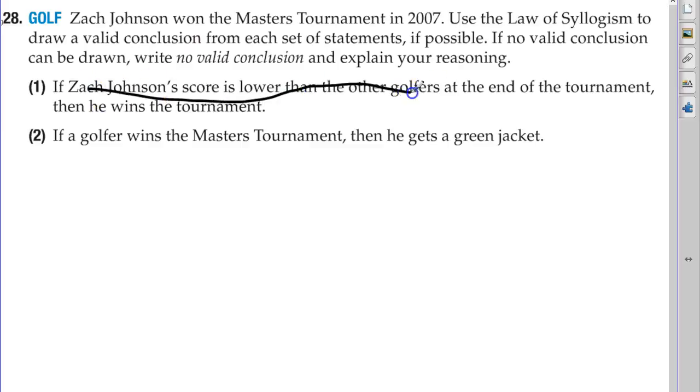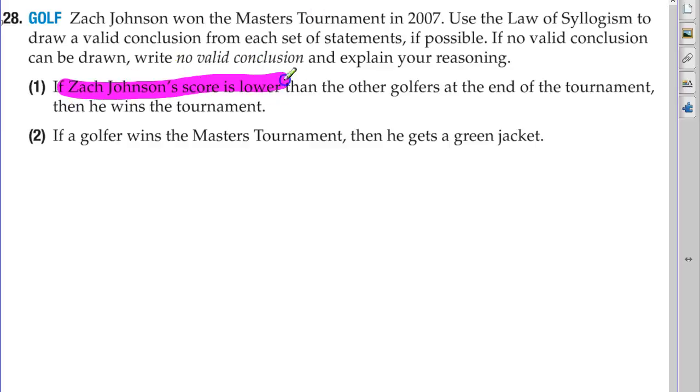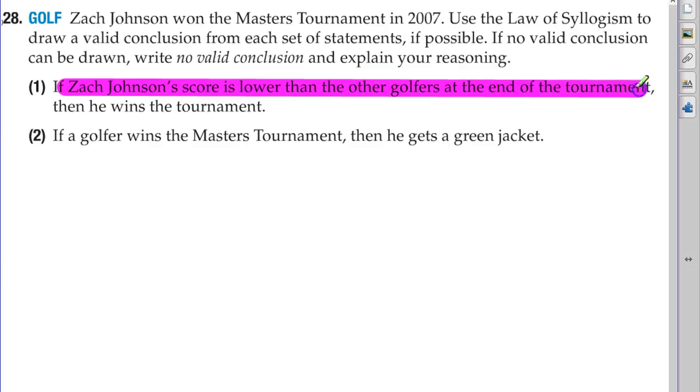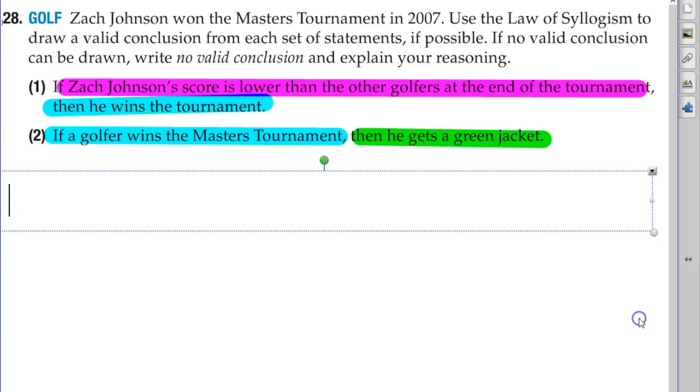So his P, his hypothesis, is if Zach Johnson scores lower at the end of the tournament, his conclusion is he wins the tournament. What's the next statement? If a golfer wins the tournament, he gets the green jacket. There we go. P implies Q, Q implies R, so we can jump to saying P implies R. So here we go.